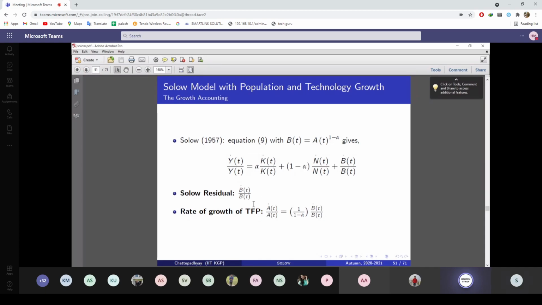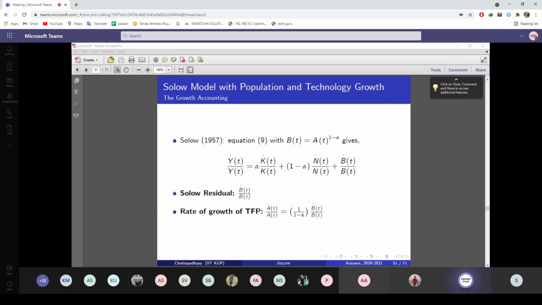This is the ratio. Technological growth. Sir, that was y hat steady state divided by the growth rate. I mean, this ratio was equal to something else. I actually forgot that ratio.